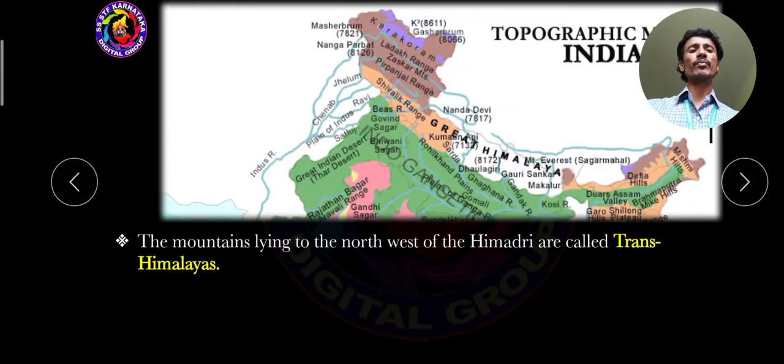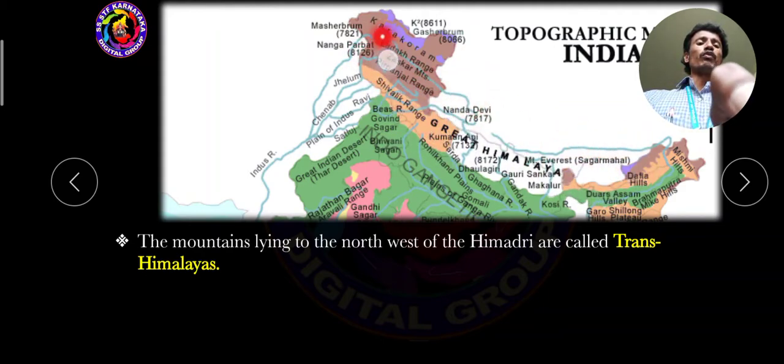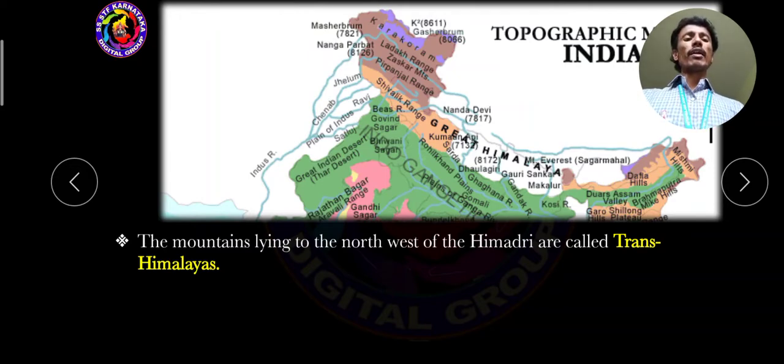So dear students, the mountains lying to the northwest of the Himadri are called Trans-Himalayas. Which mountains? The northern mountains, the Greater Himalayas, lying to the northwest.